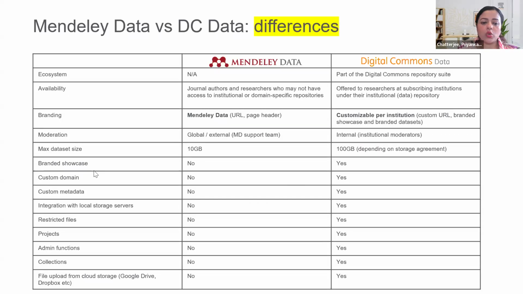You don't have a branded showcase in your free version. You cannot restrict the views of the files. It is not integrated with local storage servers, doesn't have custom metadata, doesn't have admin functions, and doesn't let you create collections. File upload from cloud storage, Google Drive and Dropbox, is also not available.